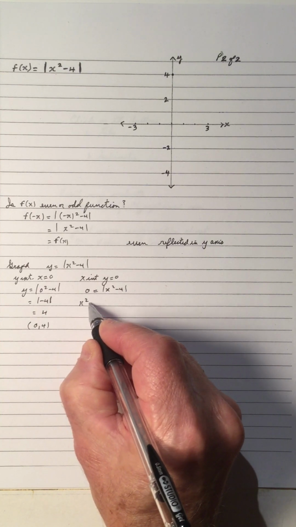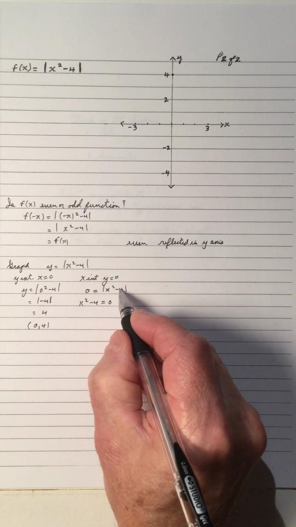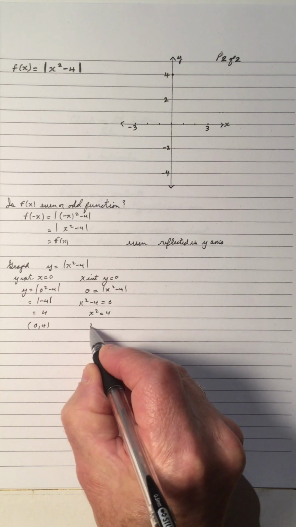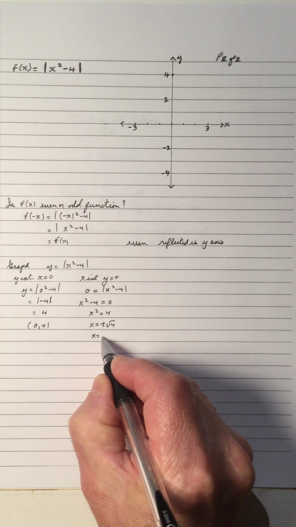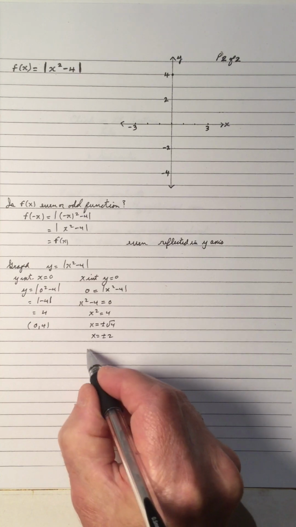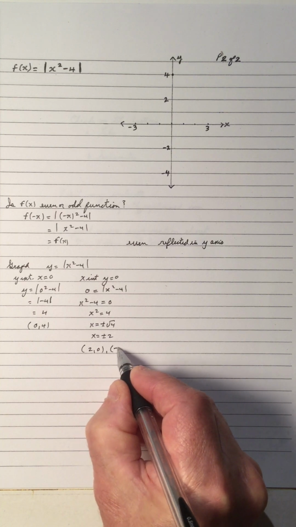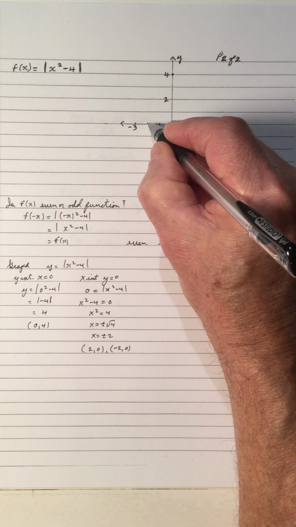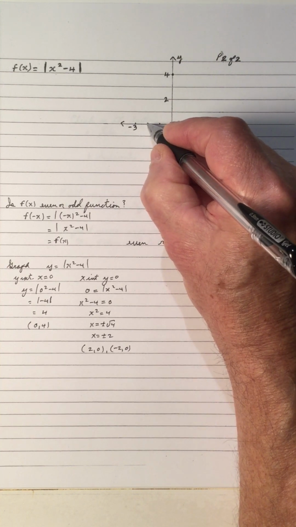That means that x squared minus 4 must be equal to 0, because the absolute value of 0 is 0. That means that x squared is equal to 4. X is equal to plus or minus the root of 4. X is plus or minus 2. So x is 2, y is 0, and x is negative 2, y is 0. So x is 2, right here, y is 0, and x is negative 2, y is 0.